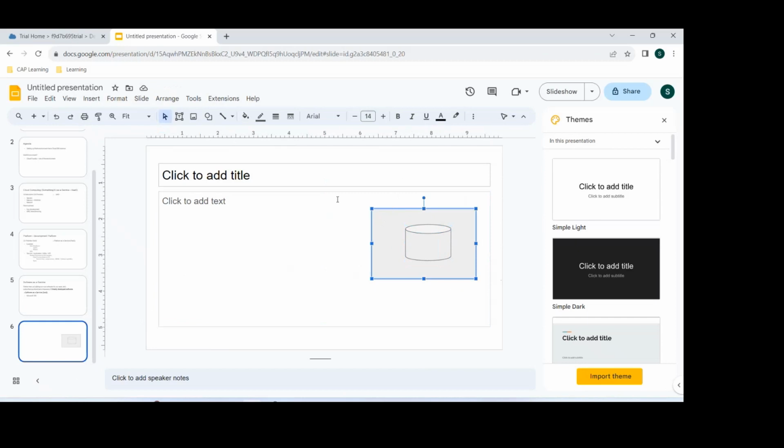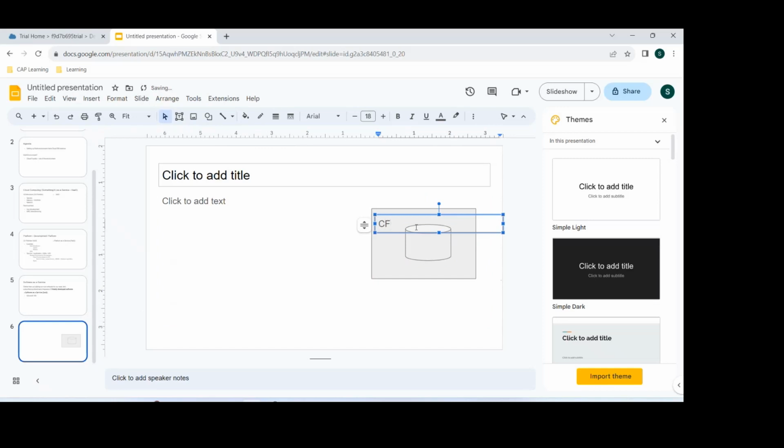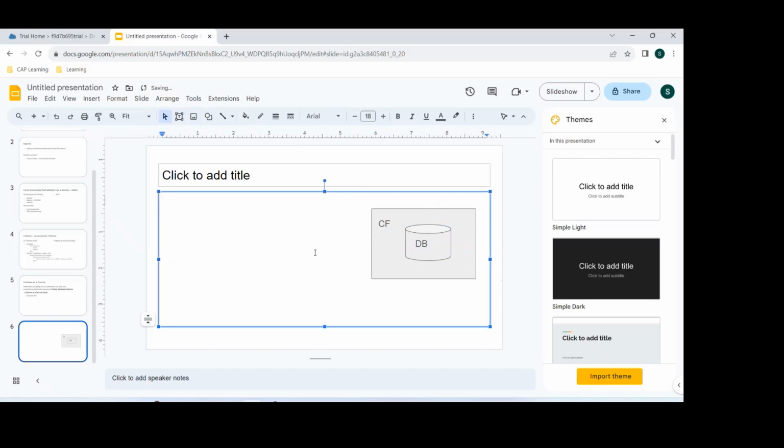This is an environment. Maybe I am calling it some sort of a Cloud Foundry, for example, right? Now this particular Cloud Foundry environment has its own set of a DB instance over here. Now this particular DB instance, I can say the HANA Cloud DB instance, is available only within this particular CF.